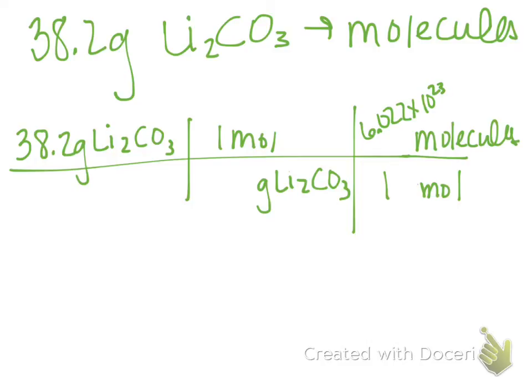In terms of the molar mass here of lithium carbonate, what did we have? Yeah, good. 73.8 or 74, that's fine. Okay, now we multiply across the whole top, divide by the whole bottom whenever you're ready.